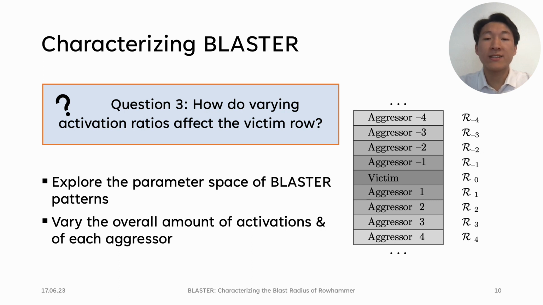The figure on the right shows the visual representation of our notation for the row arrangement. The victim is positioned in the middle, with aggressor rows above and below it. In general, we refer to the aggressor rows adjacent to the victim as near aggressors, while those at greater distances are referred to as far aggressors.